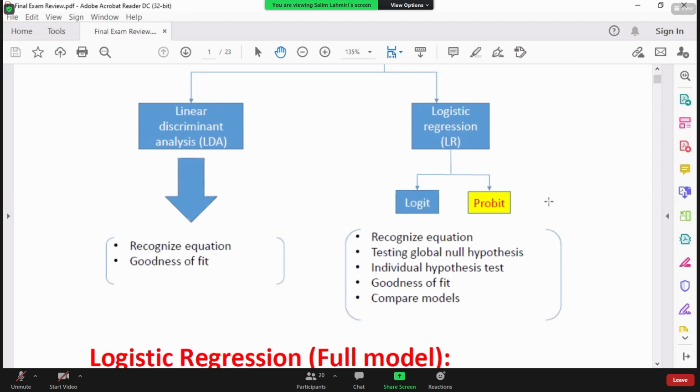The second model is nonlinear regression, and nonlinear regression can take two forms: the logit or logistic regression, and the probit or probabilistic model. Under these models, you need to be able to recognize the equation. For example, under logit, yt is equal to 1 over 1 plus the exponential of minus beta 0 plus beta 1 x.